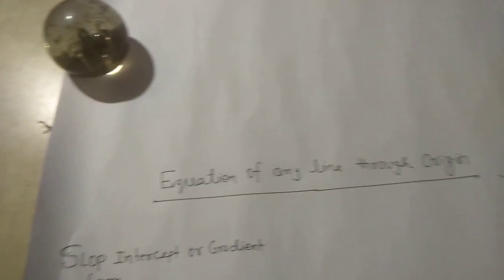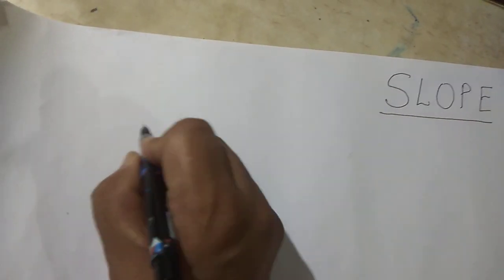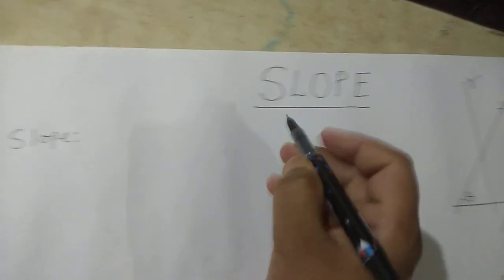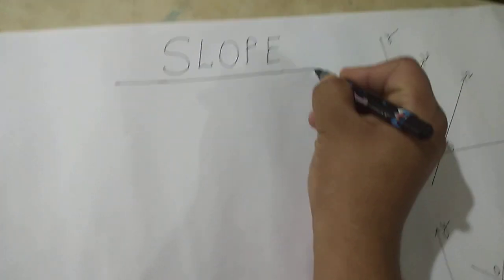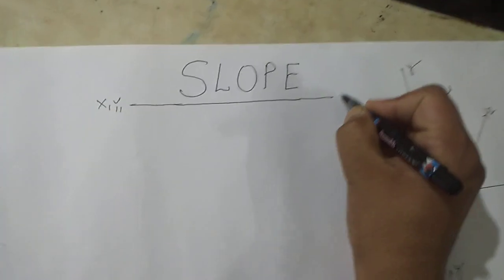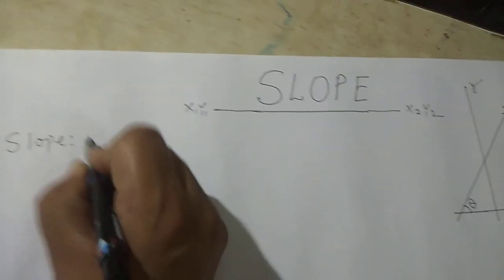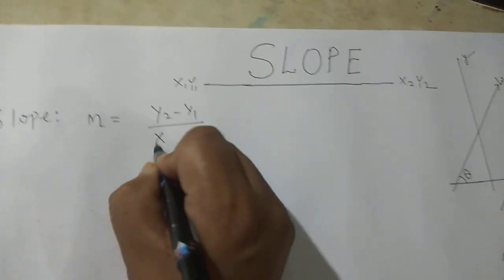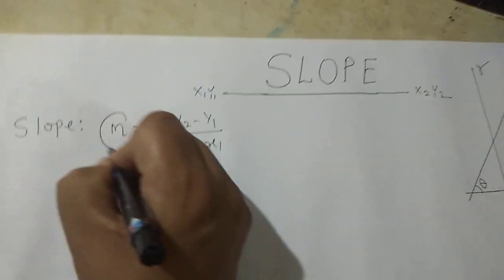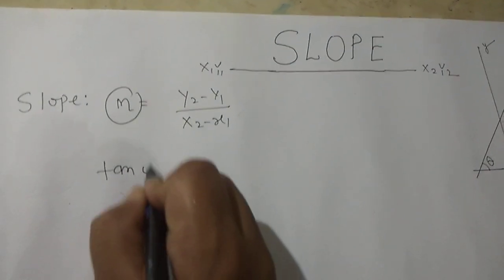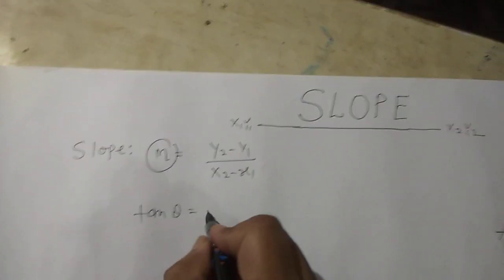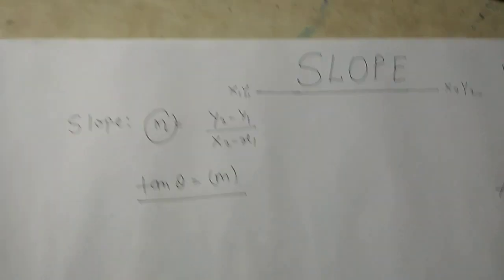In general, if a line is given, with points (x1, y1) and (x2, y2), slope m is equal to y2 minus y1 upon x2 minus x1. This slope is also known as tan theta, or gradient, or inclination.